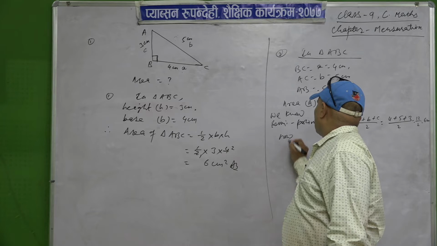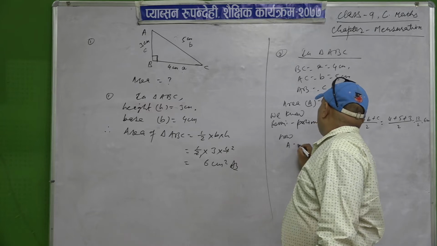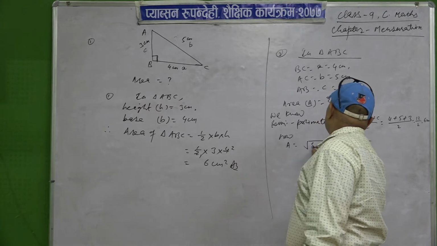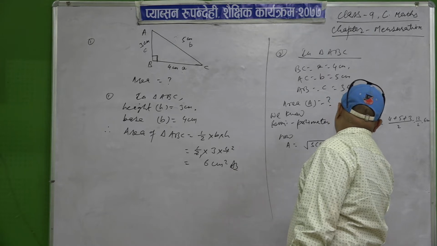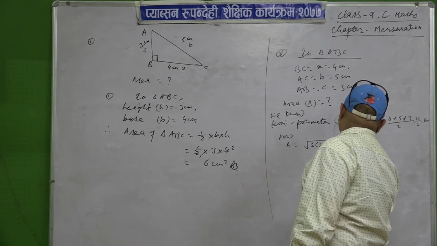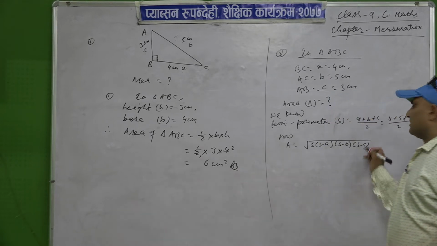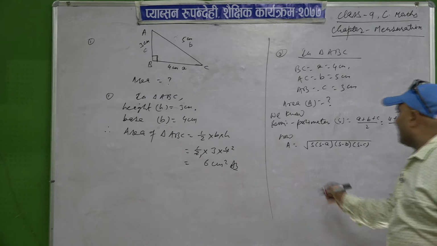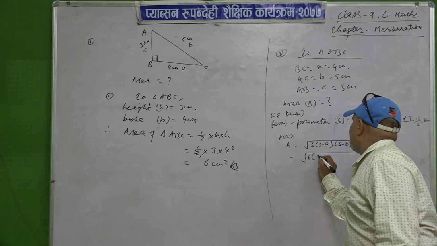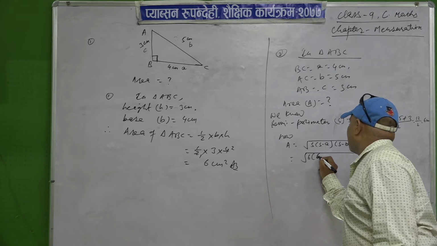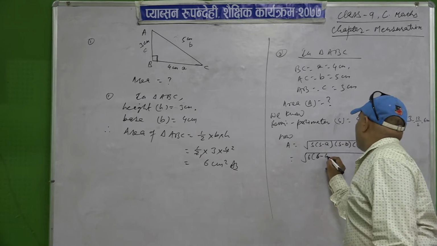Now we use the area formula, which is the square root of S into S minus A, S minus B and S minus C. Now put the values. The value of S is 6. S is 6 minus A, A means 4.